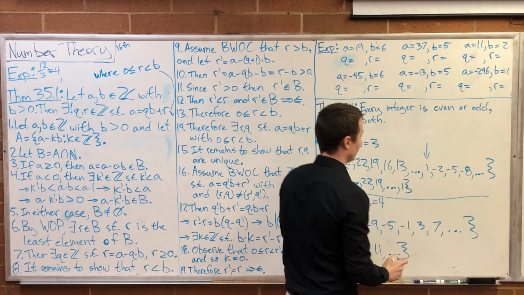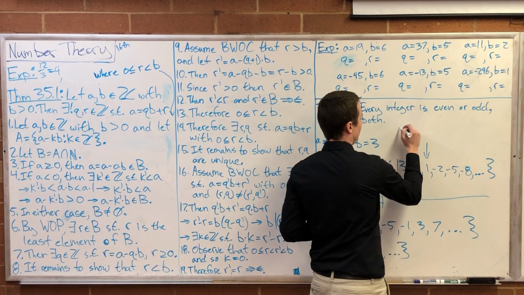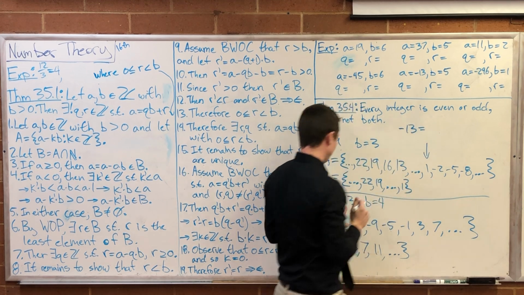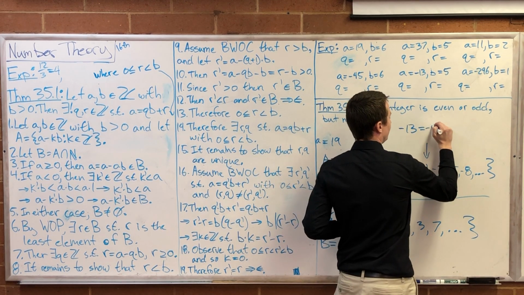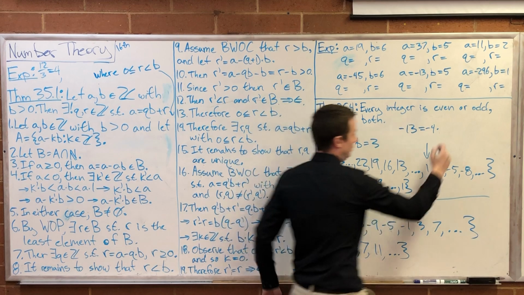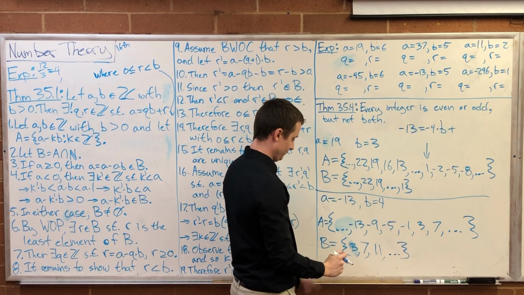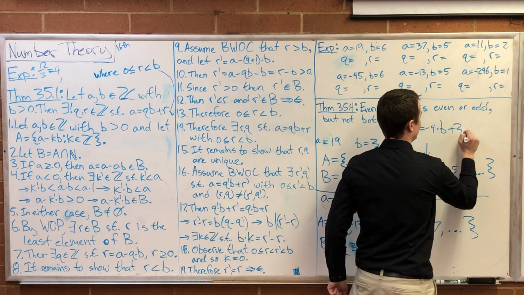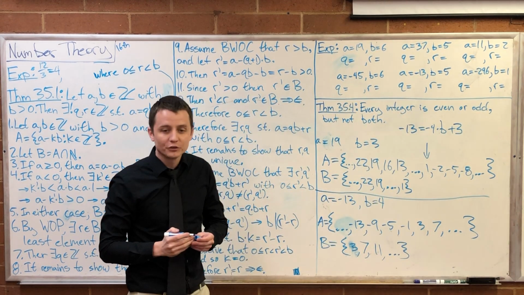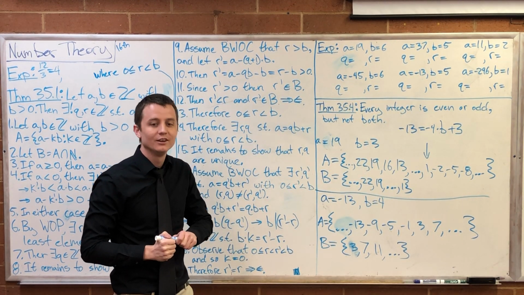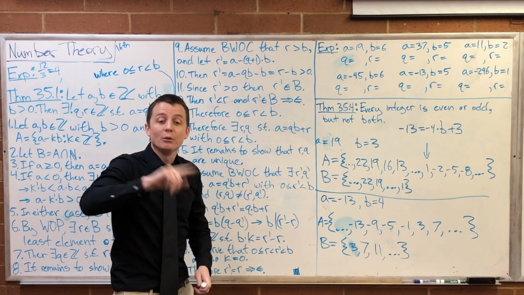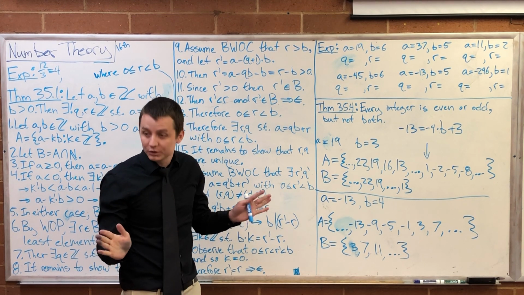So, negative 13, we'll write up here, negative 13 is equal to negative 4 times B plus, in our case, 3. So the remainder is 3, not negative 1. Now, when you get the negatives, it's real easy to figure out what the remainder should be.